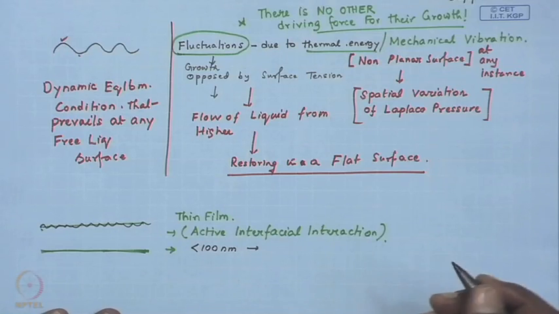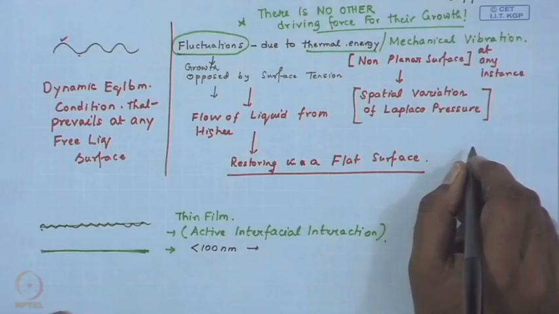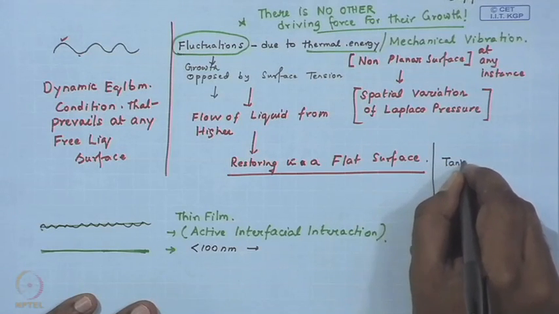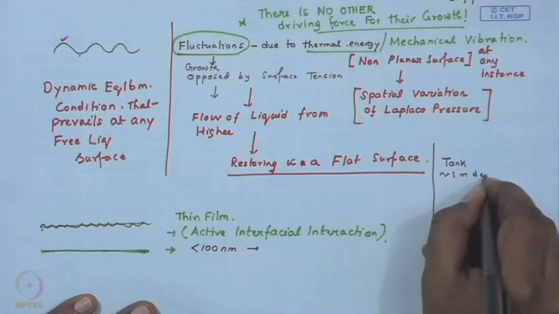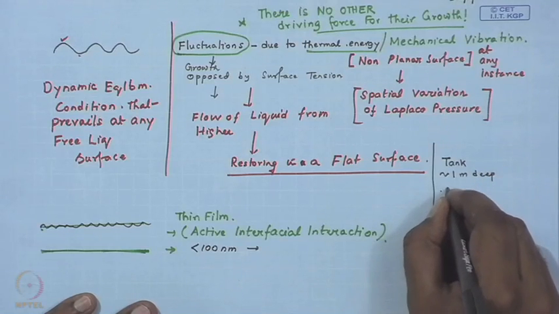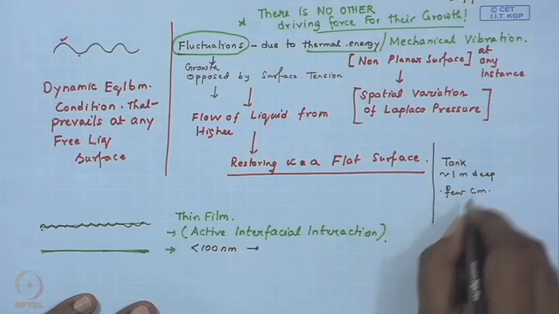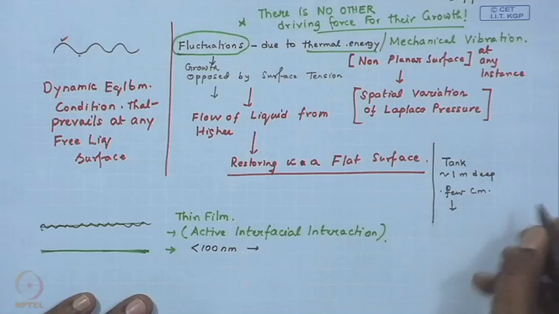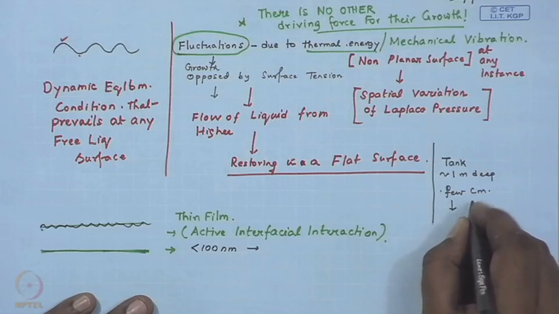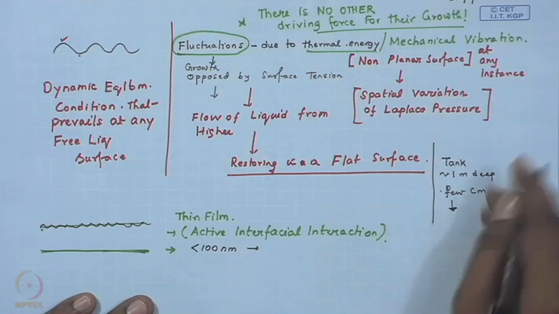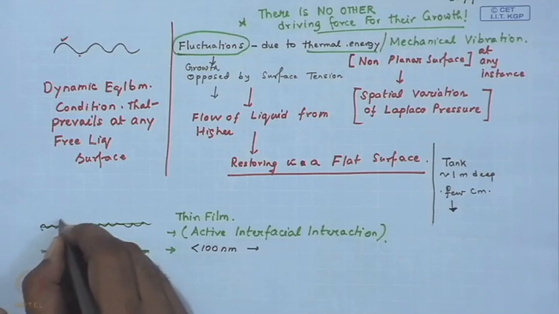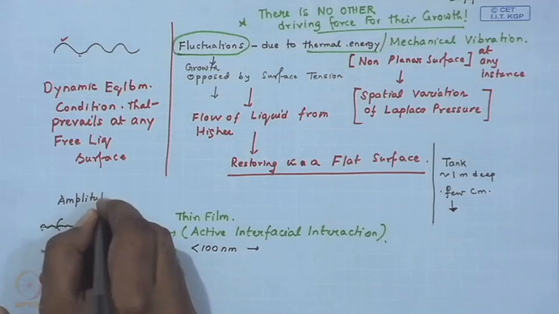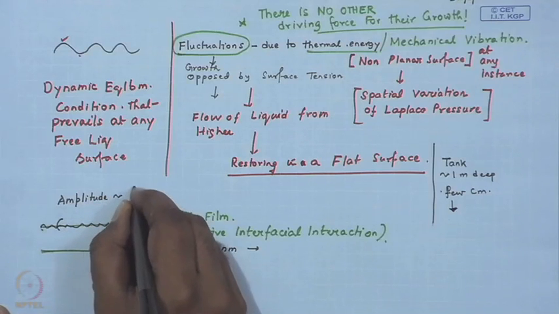Okay. So, earlier when we talked about a tank of water, let us say 1 meter deep or even a few centimeters, we were talking about a one or couple of nanometer fluctuation with this type of dimension. But now, here the amplitude is in the few nanometers.